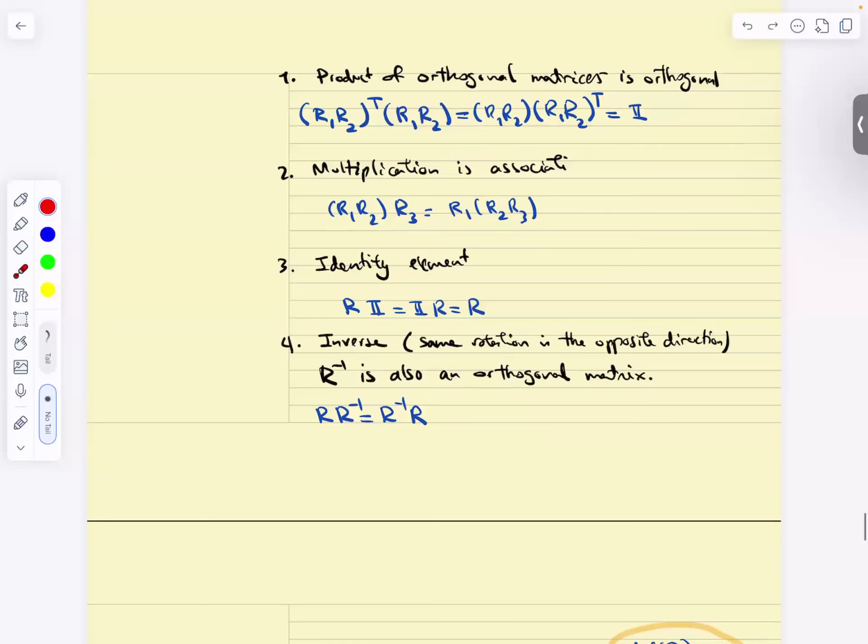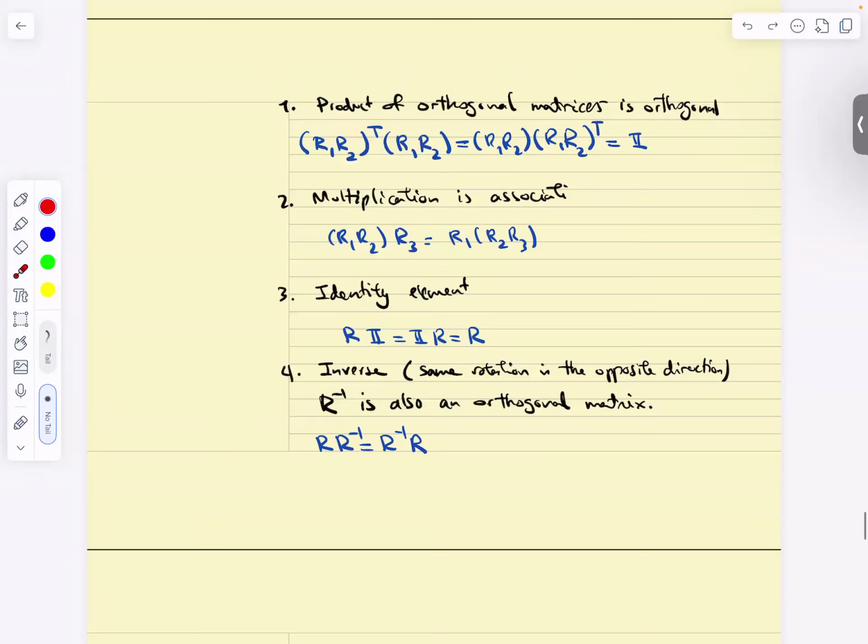Translations form a group. In space, translation in time form a group, rotations form a group, boosts form a group. All of these are groups. Reflections form a group. What's the difference between reflections and rotations and translations? Reflections are discrete groups.